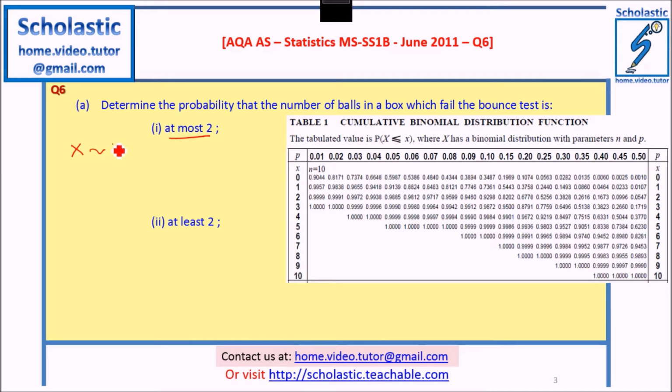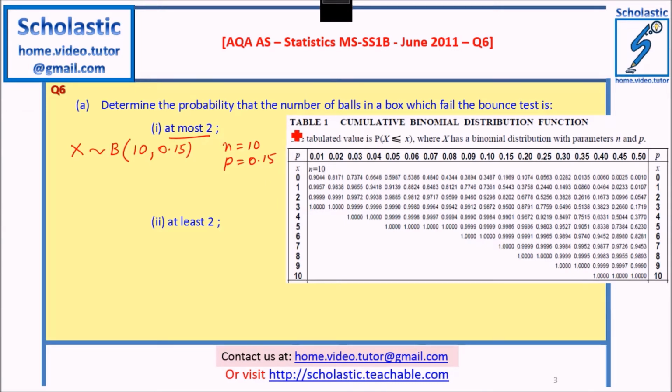X is binomially distributed with 10 balls because the sample size is 10 and the probability p is 0.15. So in this case n is equal to 10 and p is equal to 0.15.